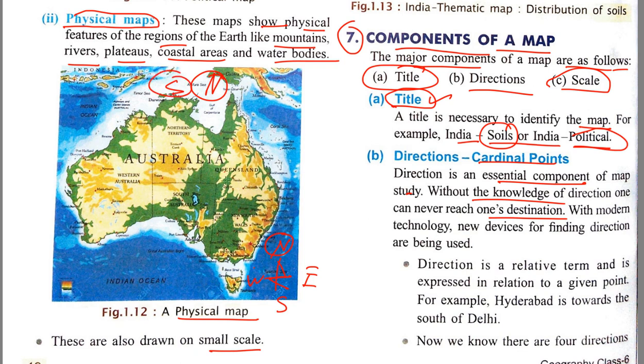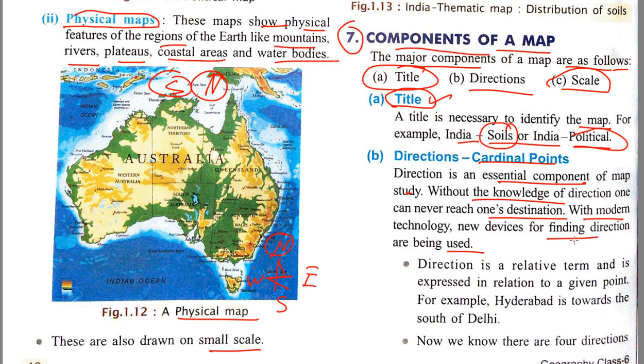So direction is very vital, and these cardinal directions, north, south, east, west, we have to know. With modern technology, new devices for finding directions are being used, and nowadays we are using a variety of instruments for measuring direction.